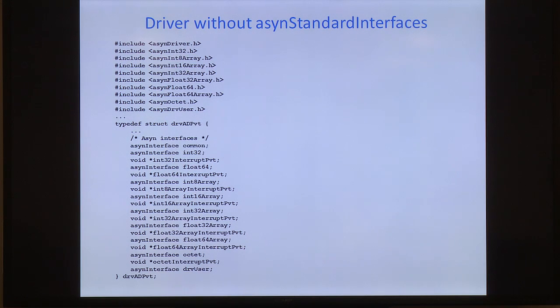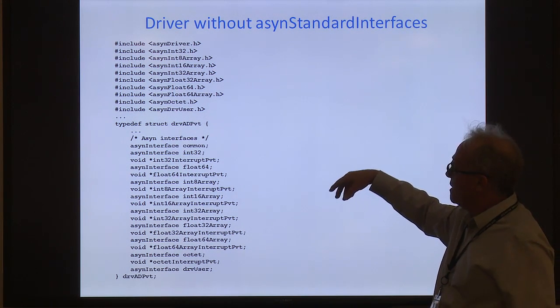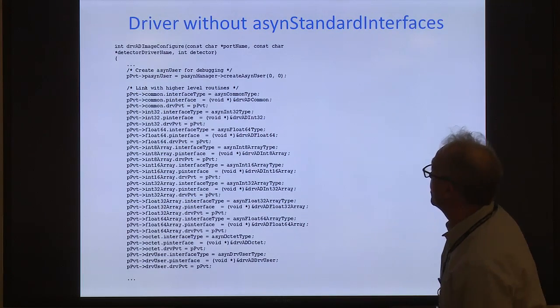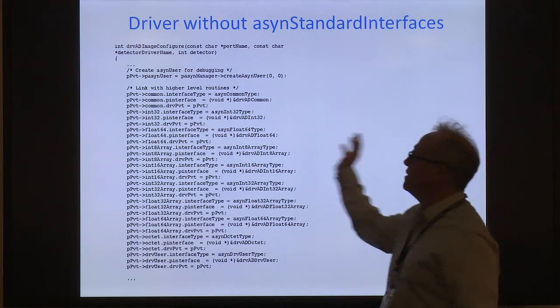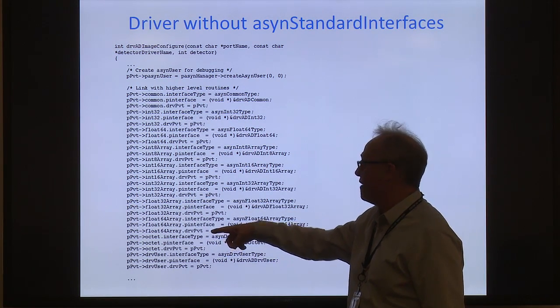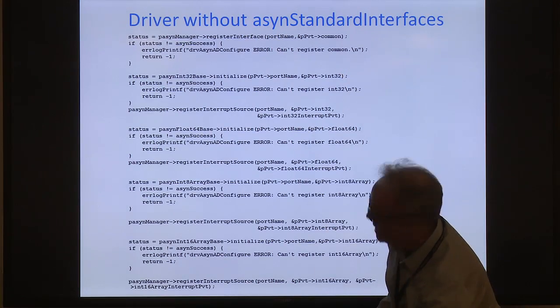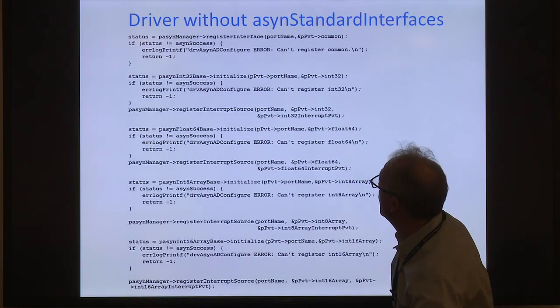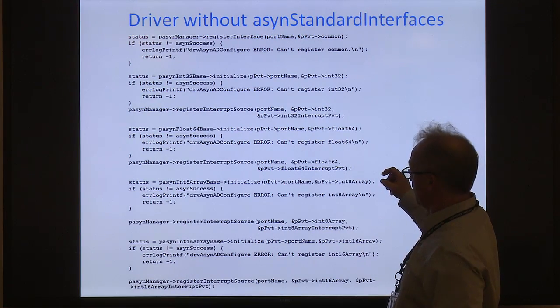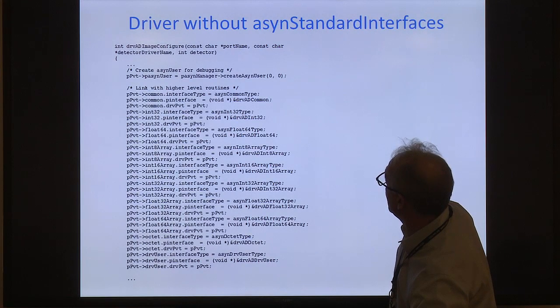This is an example of a real driver without using the standard interface header, the structure that I just described. So this is like the first page of code. The next page of code is you're filling in all these structures in these interfaces you defined. Then you're calling, it's not even here, I think, registering the port.